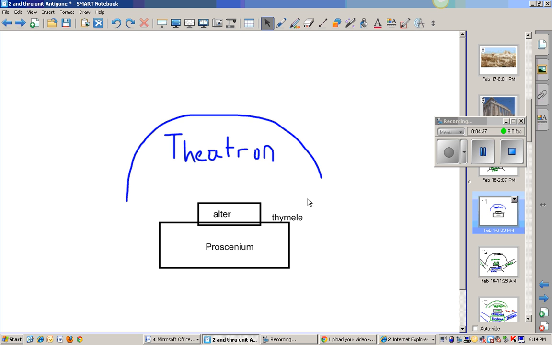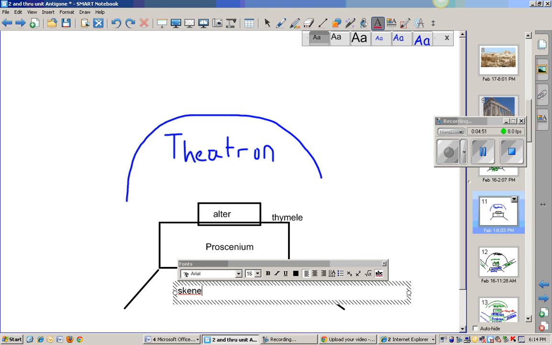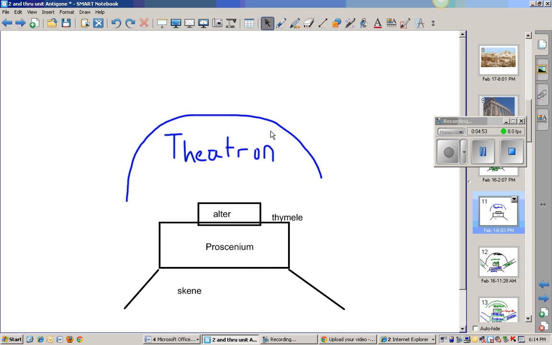It's a raised platform where behind it there's the skene, which when I write it, you'll see looks like a familiar word. I.e. the screen. So this is the stage, this is the screen. You can see we have an aerial view going on. I should have said that from the beginning. This is an aerial view.